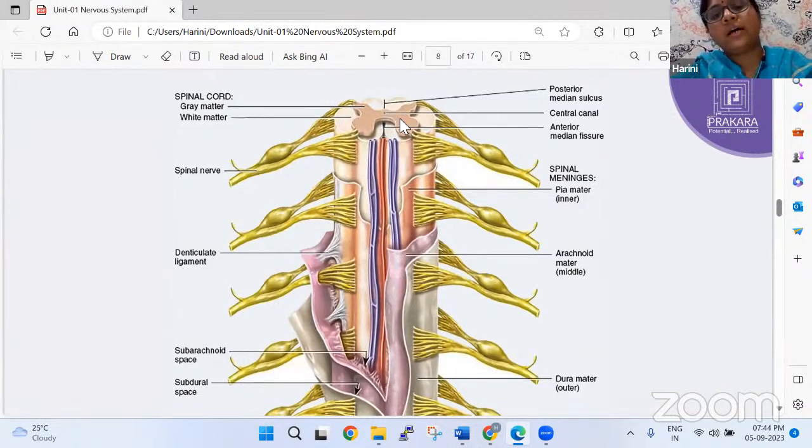You can see this H-shaped gray matter, and then white outer structures. The H-shaped structure mainly consists of the gray matter or the neurons, and the white matter consists of myelinated neurons, and here it is unmyelinated neurons.